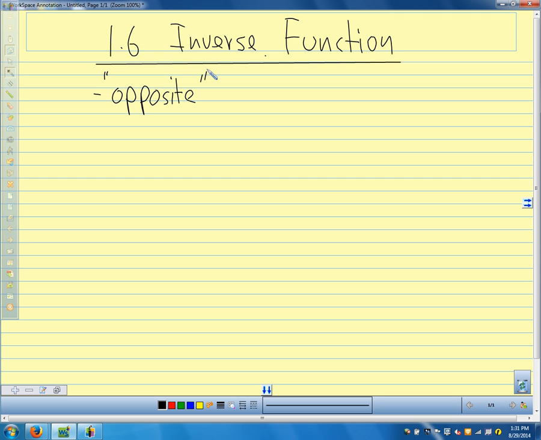Let's think even easier than that. Thinking about arithmetic, what's the opposite of addition? Subtraction. Opposite of multiplication? Division. So what does addition do to subtraction? Cancels, or I thought someone said undoes it. So inverse functions undo each other.